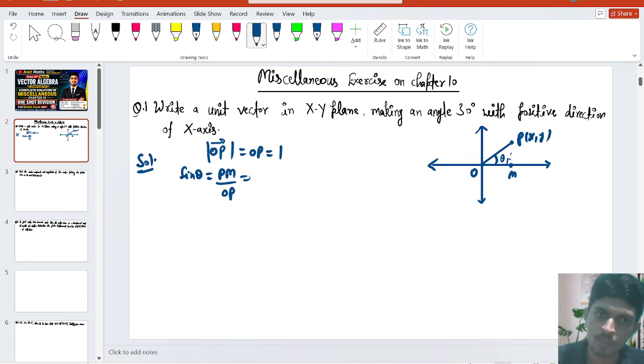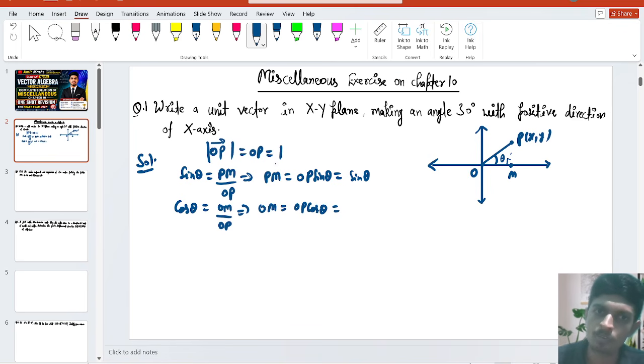So PM is equal to OP sin theta, and since OP is 1, PM is simply sin theta. Similarly cos theta is equal to base upon hypotenuse, OM upon OP. So OM is equal to OP cos theta, and because this is a unit vector, modulus of vector OP is 1, so OM becomes cos theta.